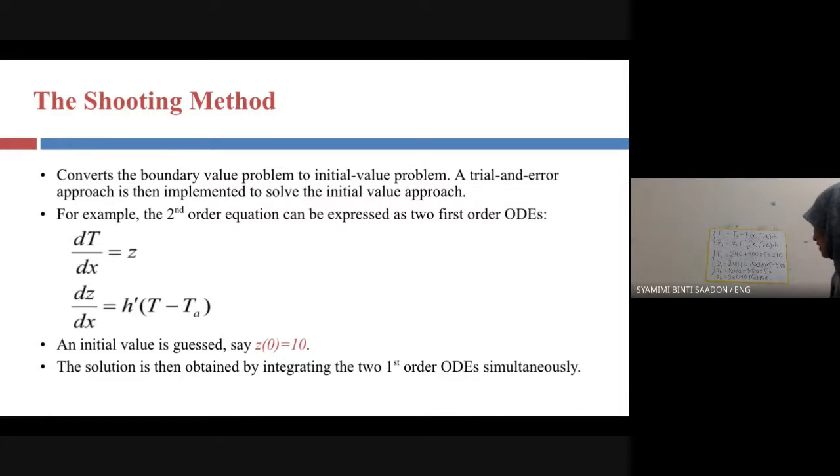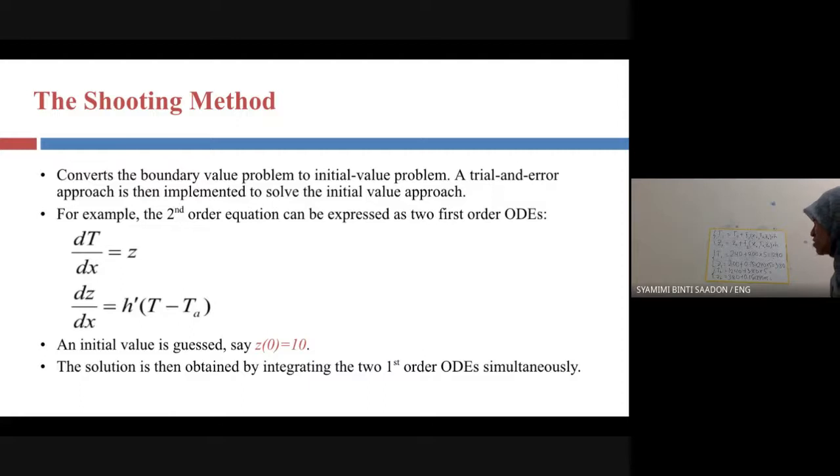I think you're going to get something bigger, 1,000 something. So it is far away from the exact solution, which is 150, and we have to make a new guess.